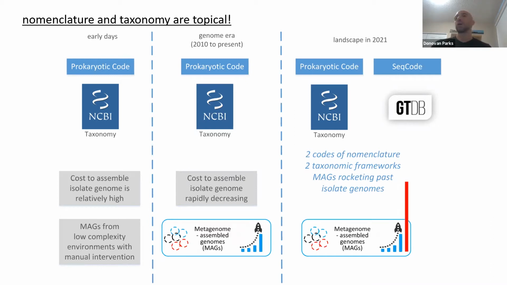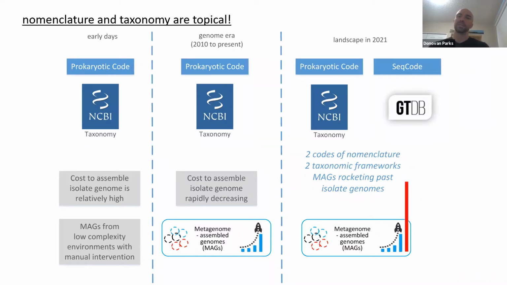Now this gets contrasted with where we are today. So let's take you over to 2010 to present day, where the cost of sequencing has gone down a lot. This is allowing us to get isolate genomes at scale. So we have initiatives such as GEBA, where they're systematically going through and trying to sequence every type strain of a species.